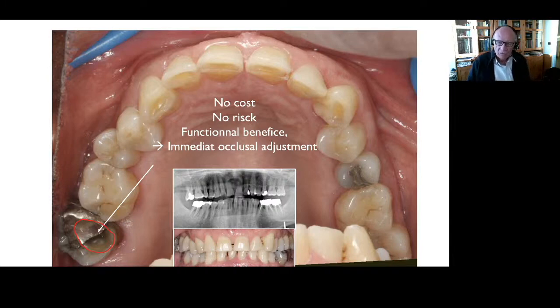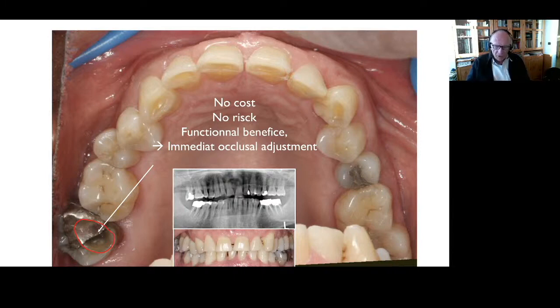So this patient can have pain or not. My hypothesis, this patient has pain in his muscles. Okay. I have to realize a splint.